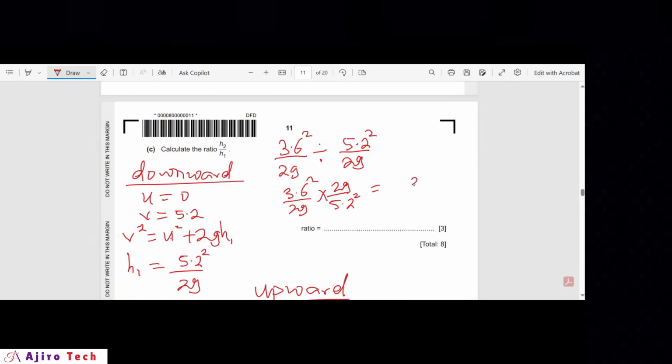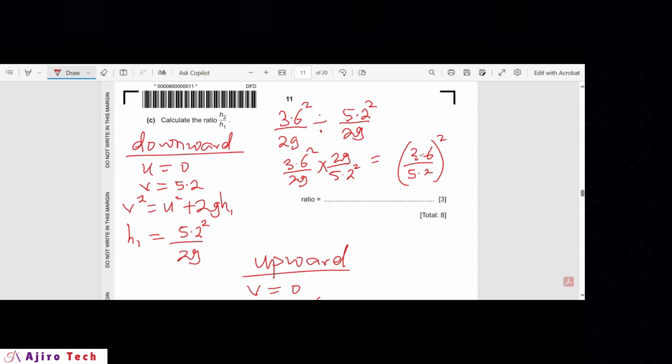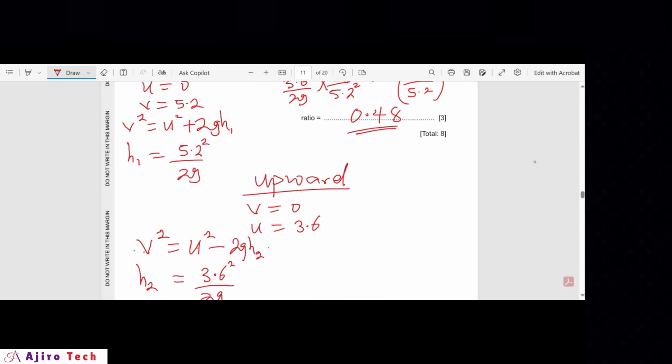So eventually we are going to have 3.6 over 5.2, all squared. Let's see what the calculator gives. It gave me 0.48, so that solves that.